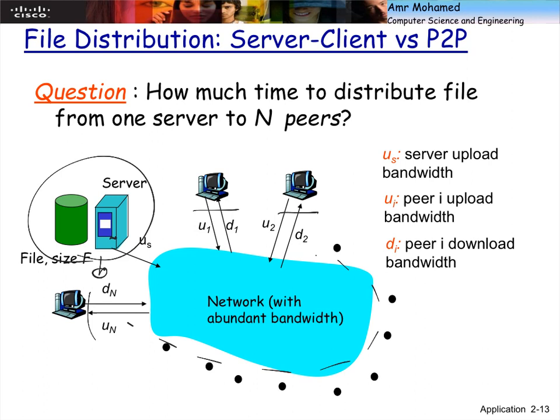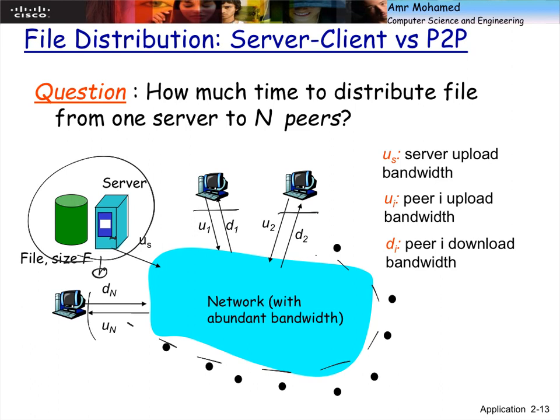So break down the big file into small pieces, and then these pieces will have to move to all the other N clients. So let's see what is the difference between the client-server and the peer-to-peer, and how much distribution time we need for each case.